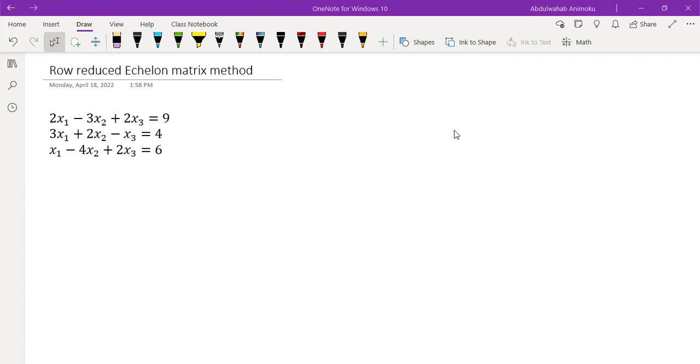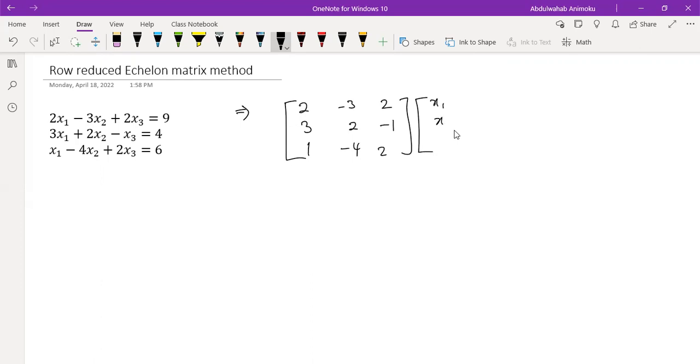Now, we have the same systems of linear equations that we solved in that particular video. I want to solve this with the Reduced Echelon Matrix method. So how do we do this? With this method, we start from the same point. We have our coefficient matrix, and we set everything up the same way, 9, 4, 6.